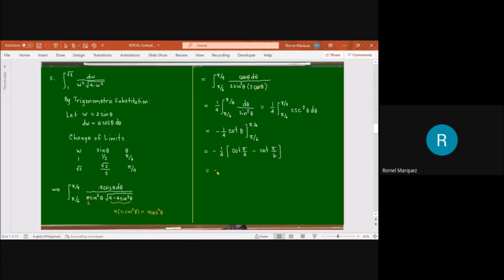And that is equal to negative 1/4 times 1 minus square root of 3. Am I correct, guys? Opo, sir. This is also equal to square root of 3 minus 1 all over 4. If I multiply negative inside, so this is now positive, negative, positive, negative. So square root of 3 minus 1 all over 4.